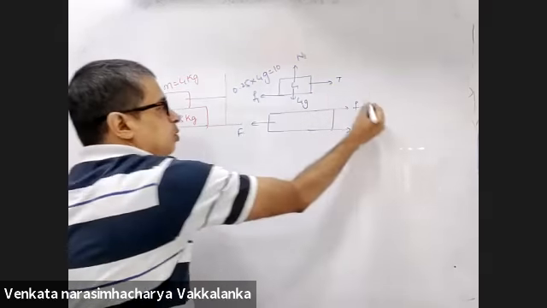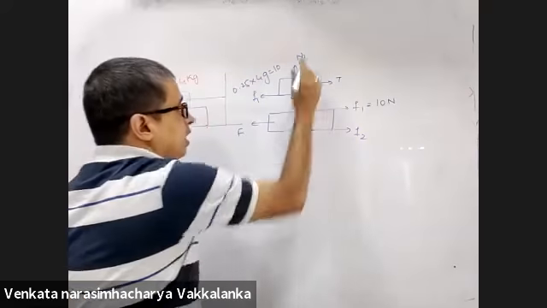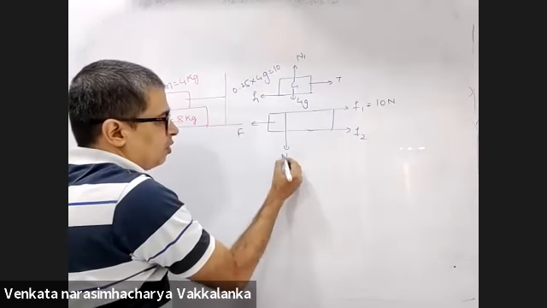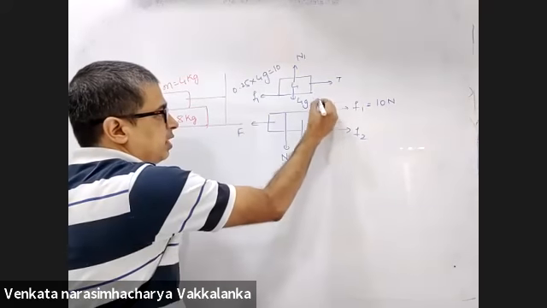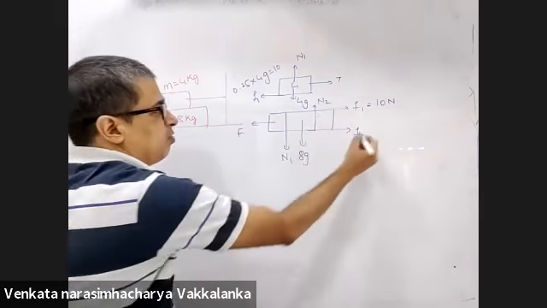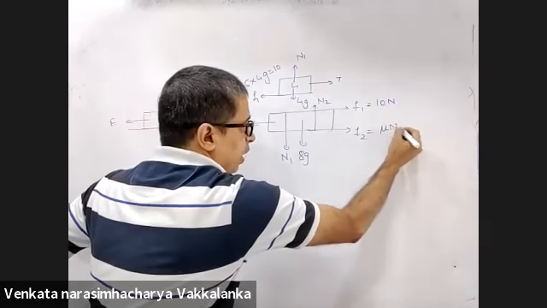Now, the reaction of this normal force on this is in the downward direction, 40 Newton. N2 is in the upward direction. This is mu N2.